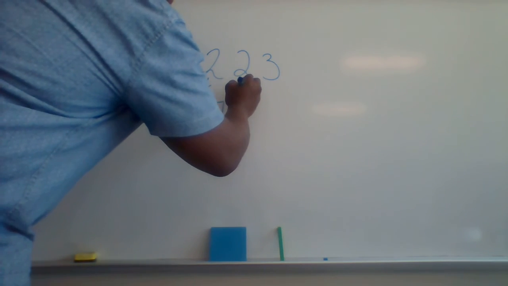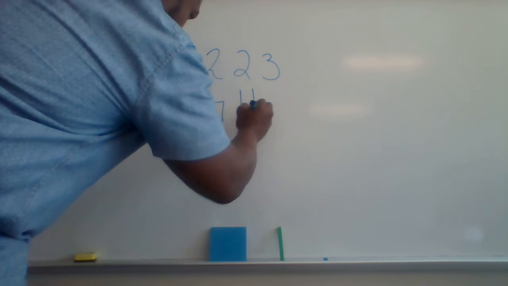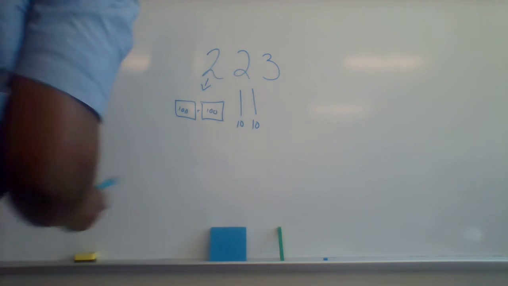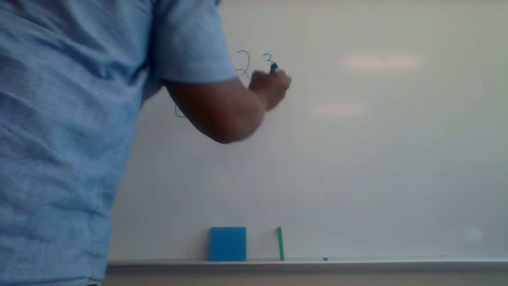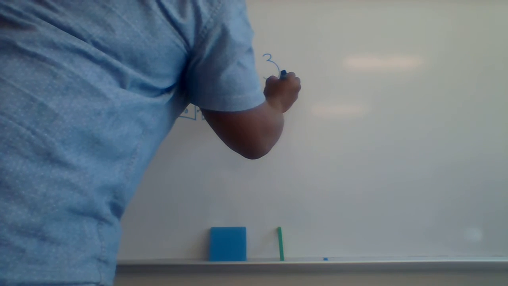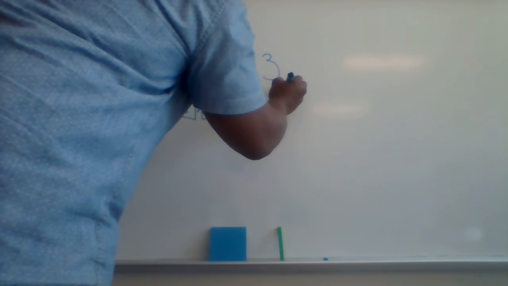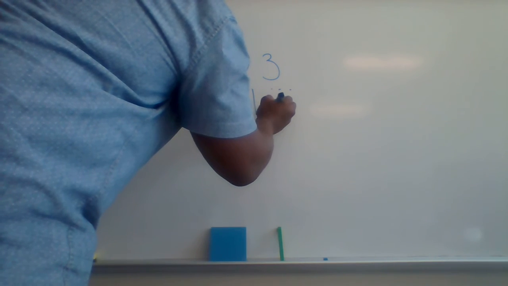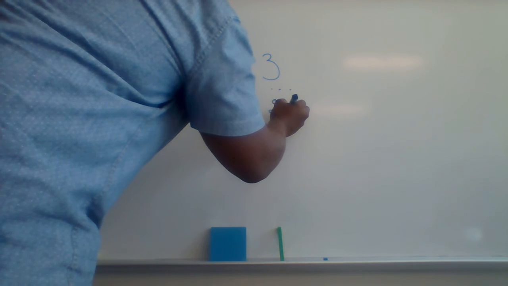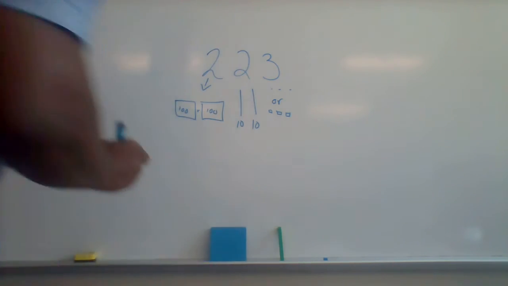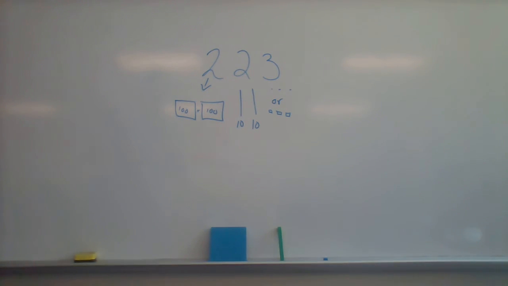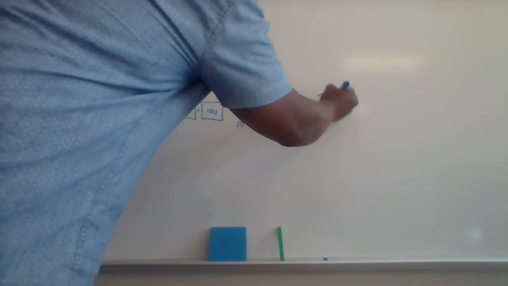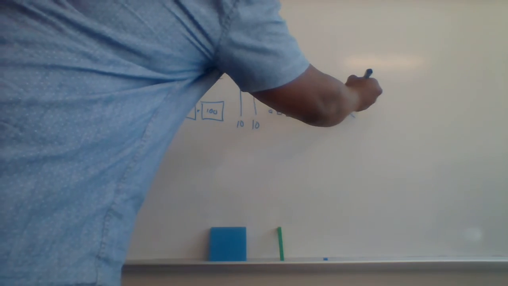I need two tens, two rods, 10 plus 10, which equals 20, and 3 cubes. 1, 2, 3, or you can make little squares. 1, 2, 3. This would be 223 represented in pictorial form.